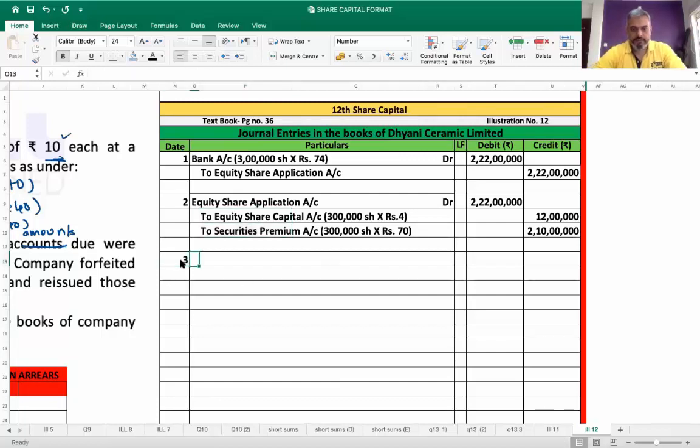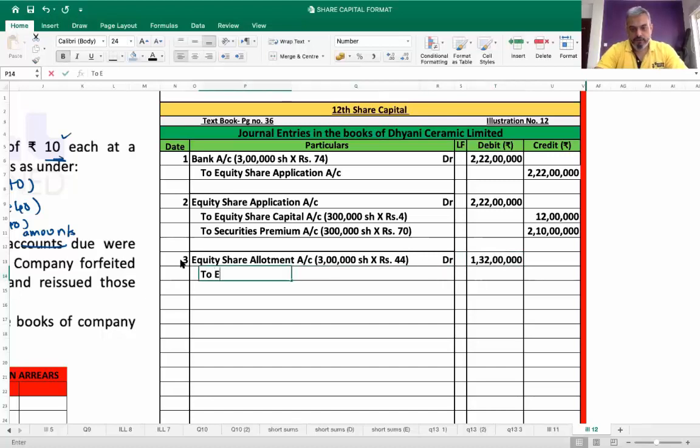Now, third one, we call the allotment. Equity share allotment account. Now 3 lakh shares into rupees 44. So 3 lakh into 44, 1 crore 32 lakhs.